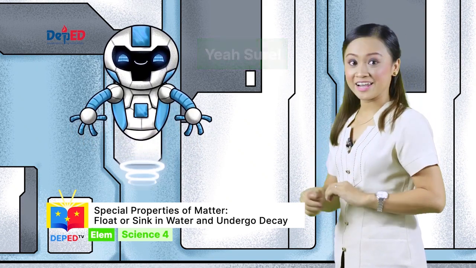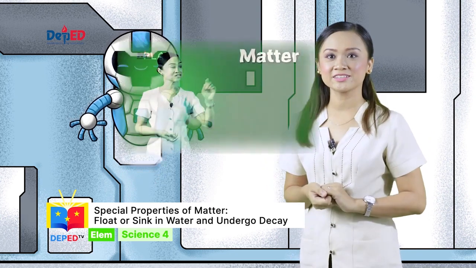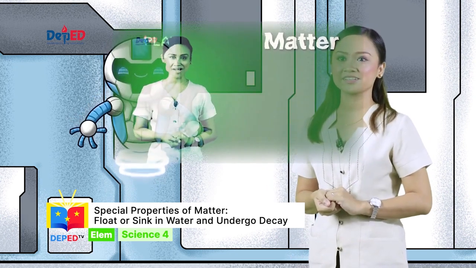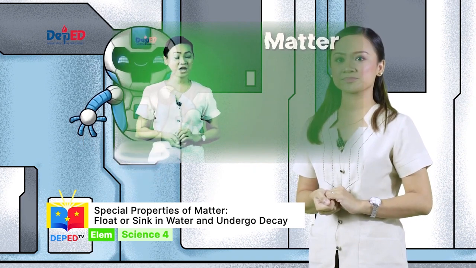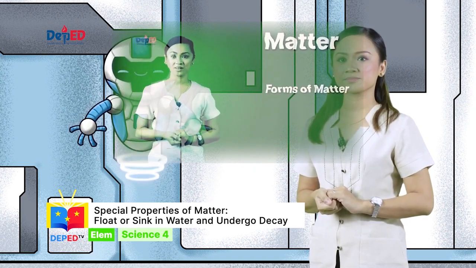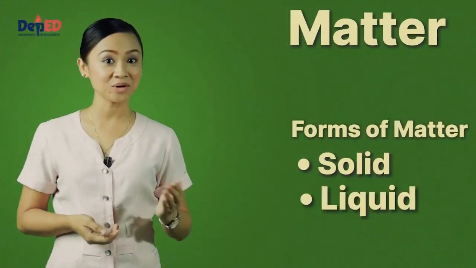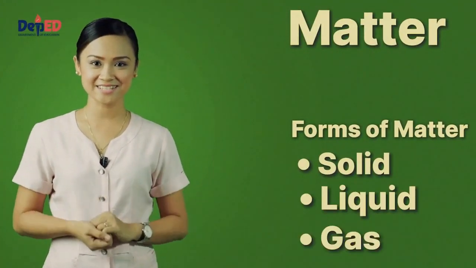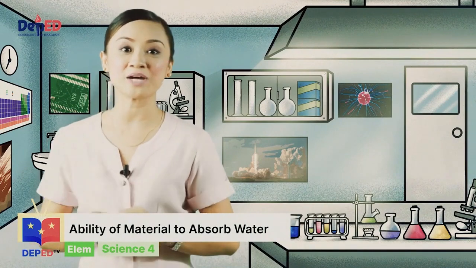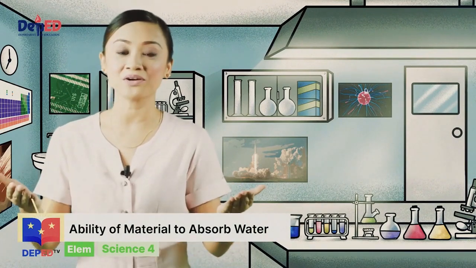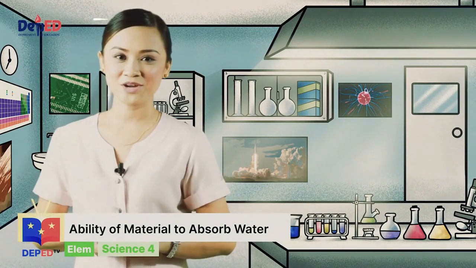Great! Let's go! Matter is everything around us. It has mass and takes up space. The three forms of matter are solid, liquid, and gas. For today's lesson, we have ventured on one special property of matter called porosity.